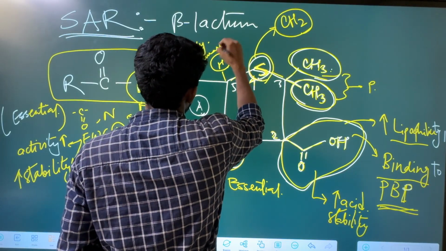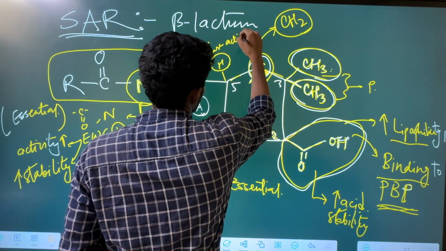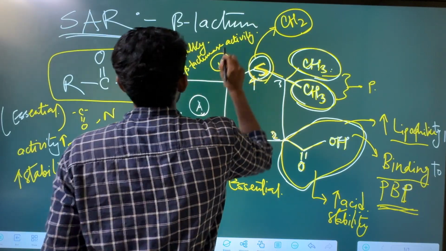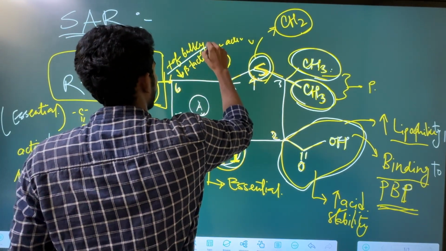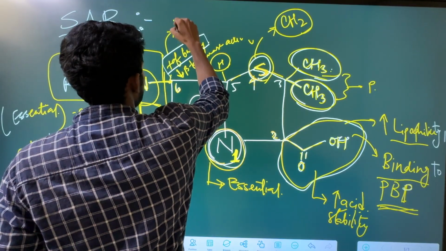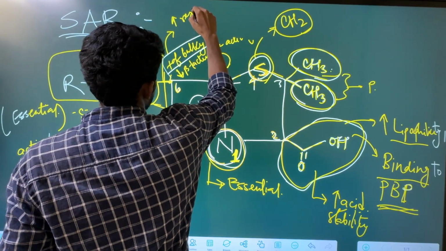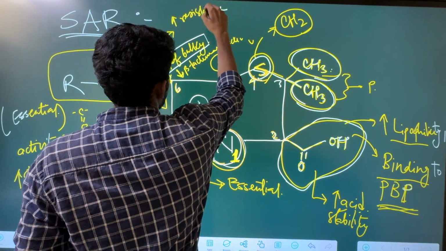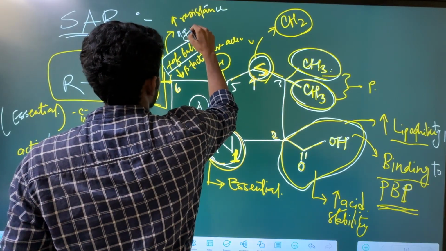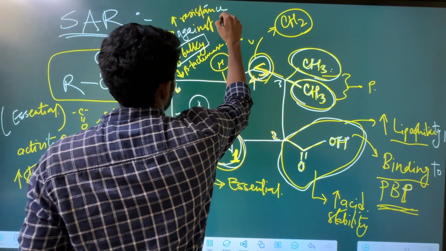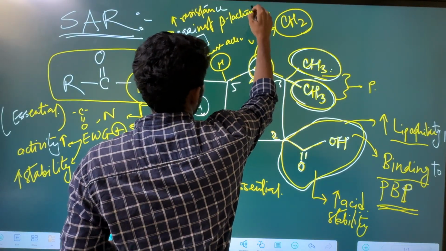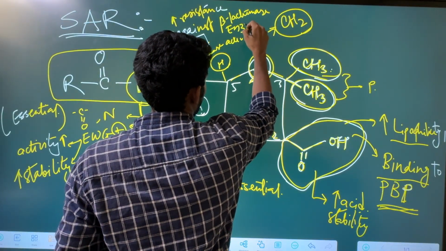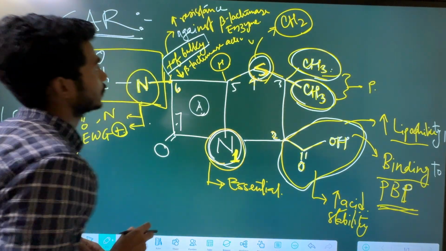You can also write that the presence or addition of bulky group will increase the resistance against beta-lactamase enzyme. This is a very, very important point you have to remember.